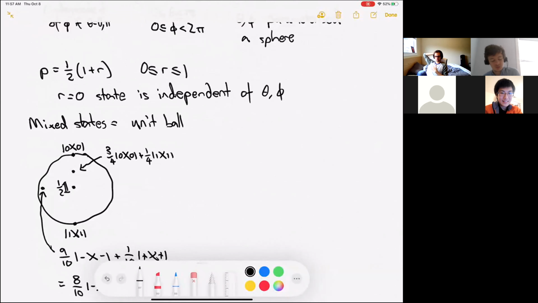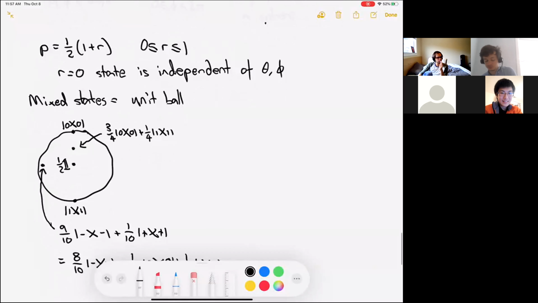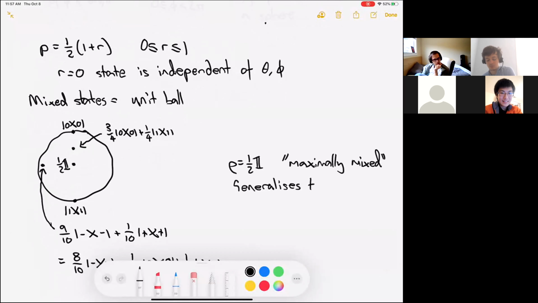This state right in the middle that was independent of psi has a special name because it's a kind of important state. It's called the maximally mixed state. This generalizes beyond a qubit to multiple qubits.